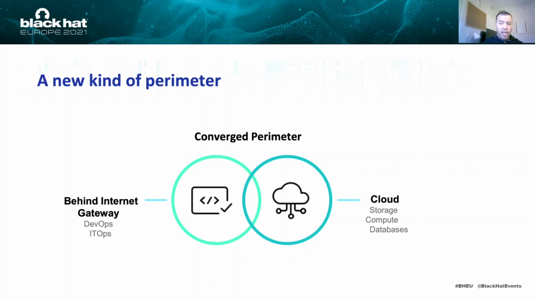gradient, as you're seeing in this graph, where we encounter a perimeter that is extended by the cloud infrastructure that you may not own, that you may be leasing, but for the purpose of usage and for the purpose of the attacker, if you have data that they want and this data is in the cloud, it doesn't make any difference for them.